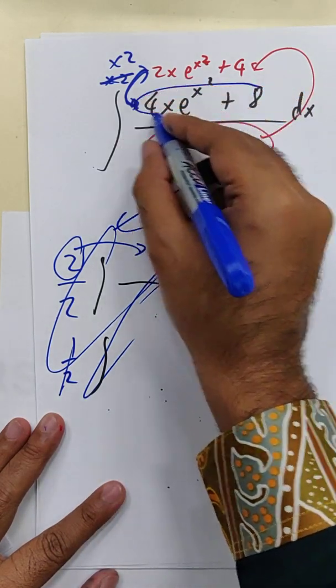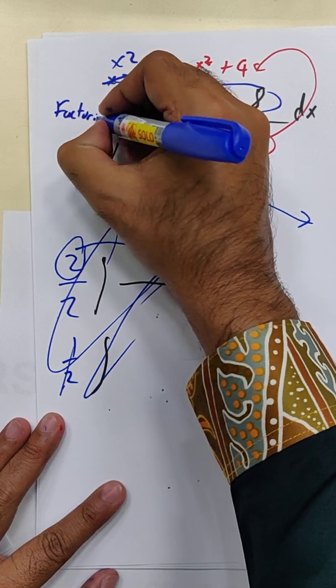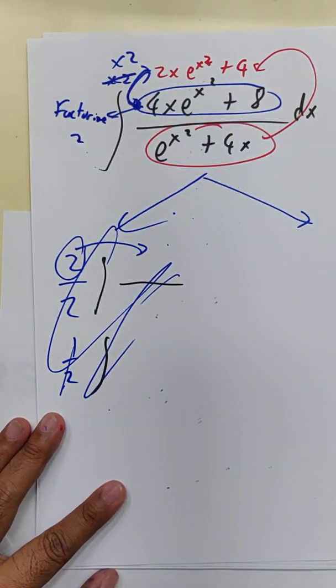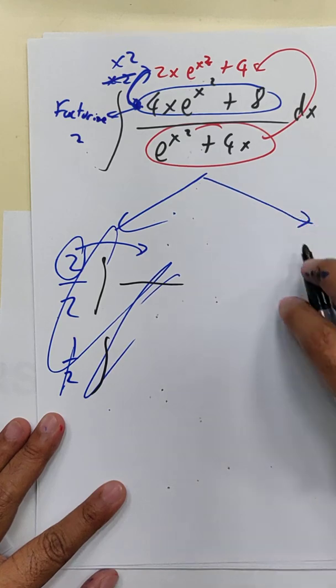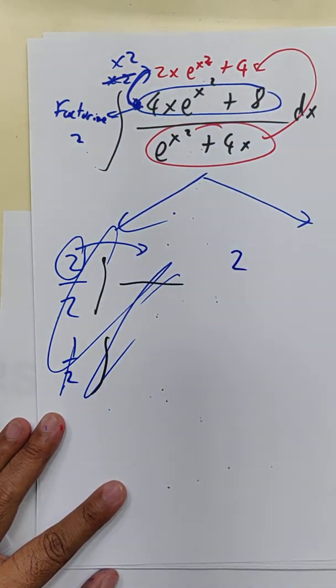So what I'm doing is I factorize it out. So I factorize the 2 out.